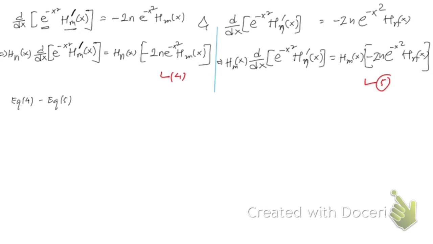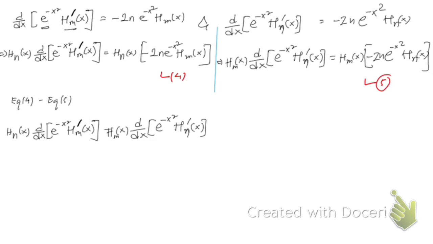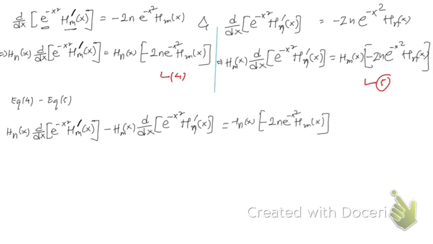First let me copy the left hand side of equation number 4, minus the left hand side of equation number 5. Let me copy that. And on the other side, let me take the right hand side of equation number 4, then minus the right hand side of equation number 5.